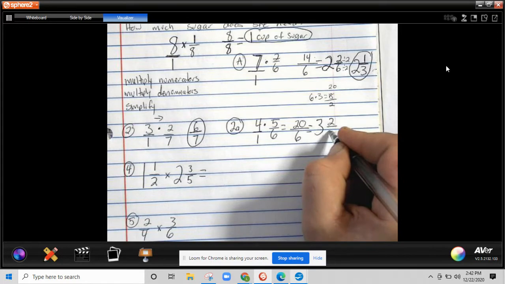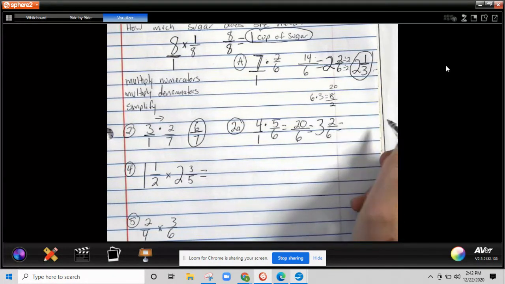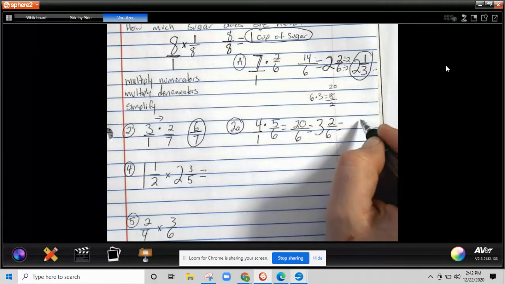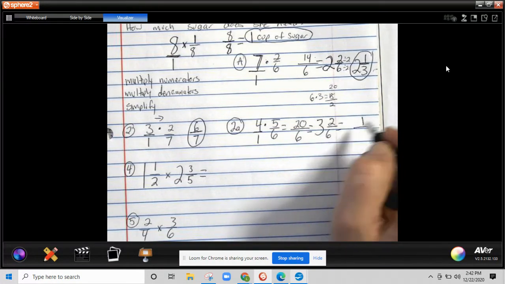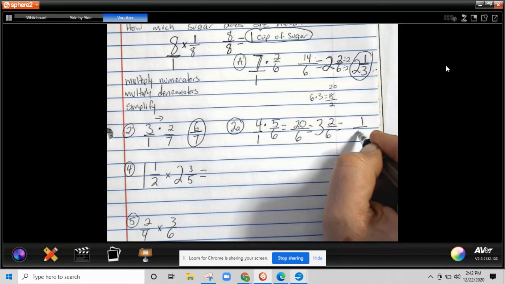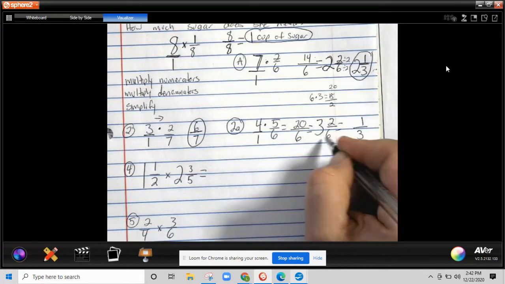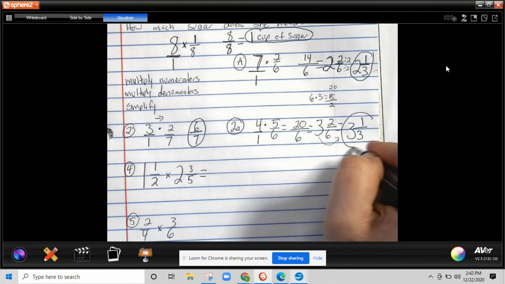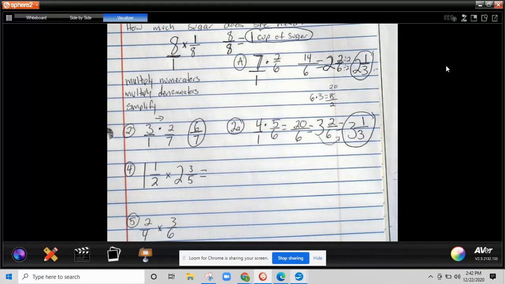Keep my denominator. Now I can keep going. 2 divided by 2 is 1. 6 divided by 2 is 3. Do not forget my whole number. So my answer here is going to be 3 1/3.